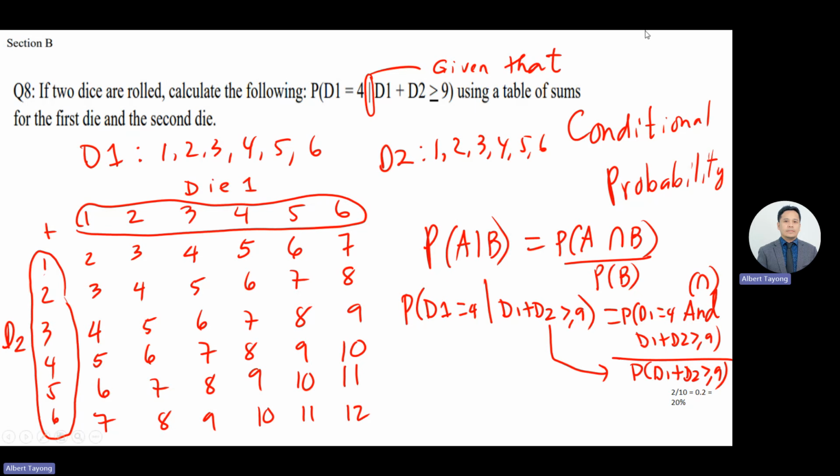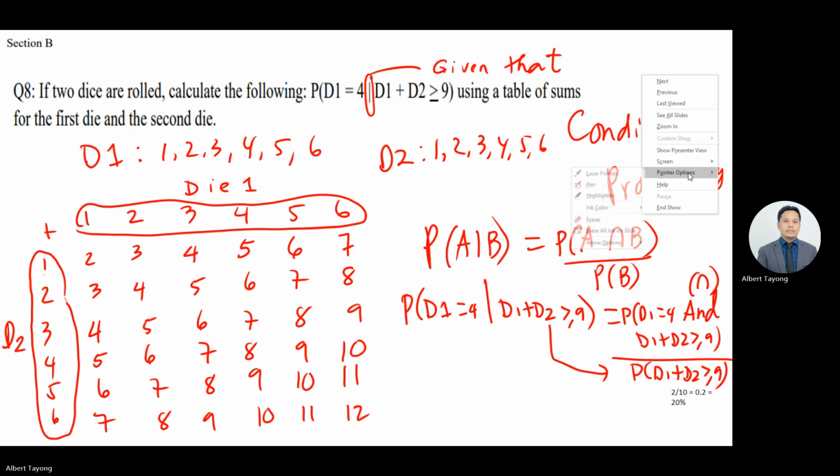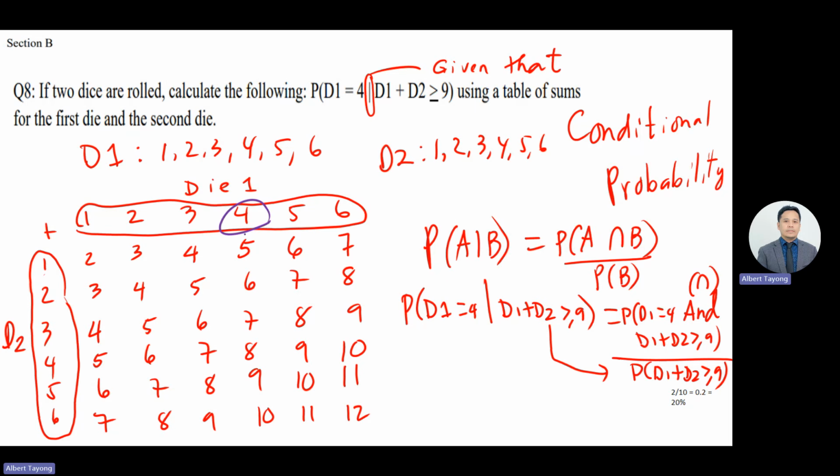So let's find our die 1 or D1 equals 4. It's here, and let's draw a line. Find the numbers there greater than or equal to 9. These are the numbers. There are 2. So the answer is 2 over the count of all the numbers satisfying greater than or equal to 9 in the sums here.